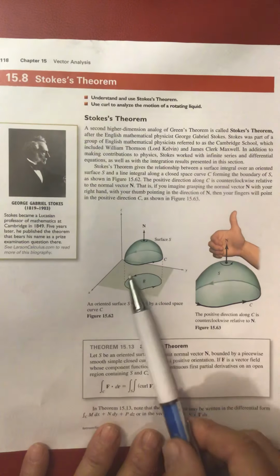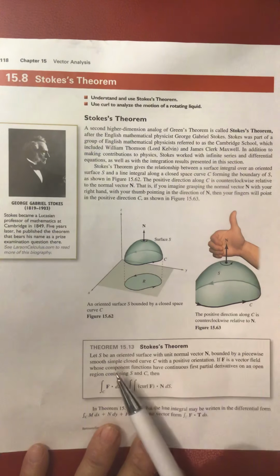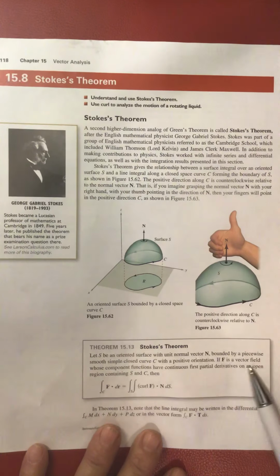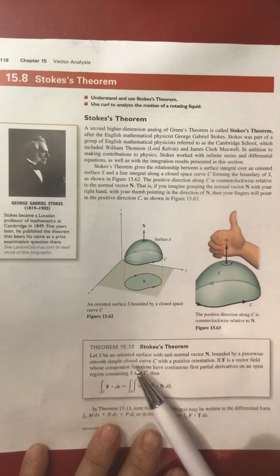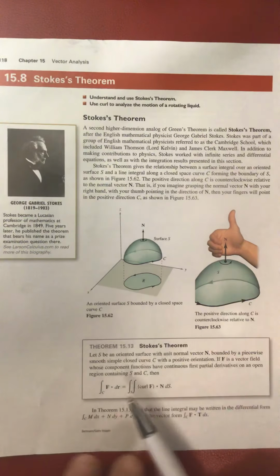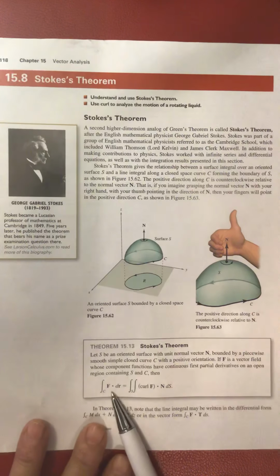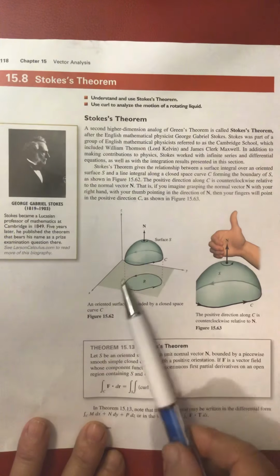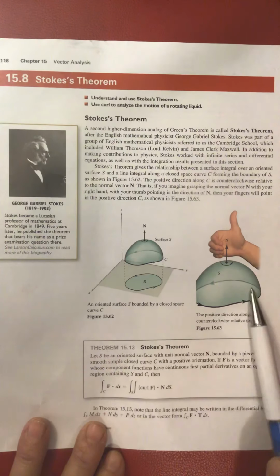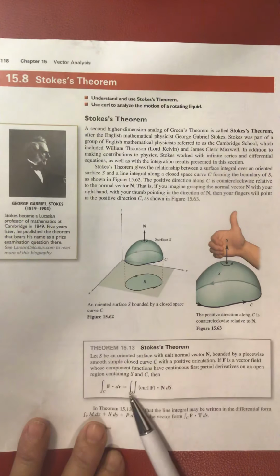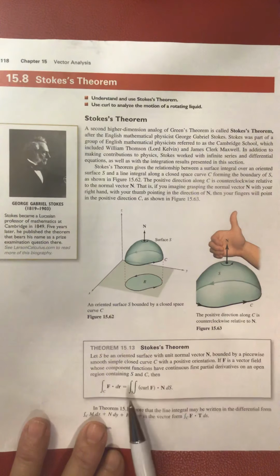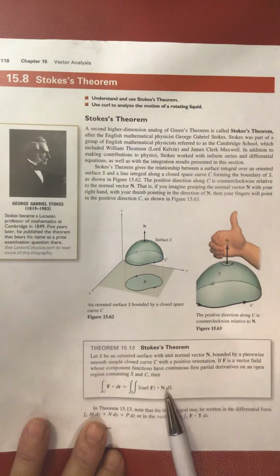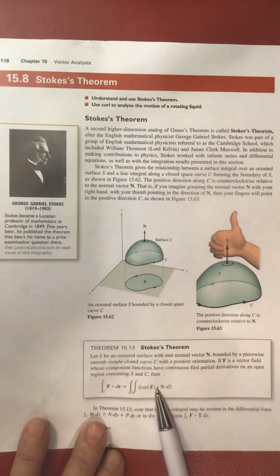If F is a vector field whose component functions have continuous first partial derivatives on an open region containing S and C, then work, the integral of F dot dr over the curve in the xy plane, down here, this curve, can be evaluated by using the double integral over the surface of the curl of F dot n dS.